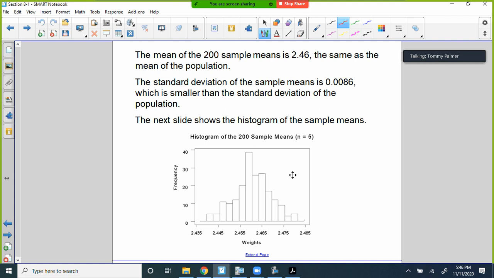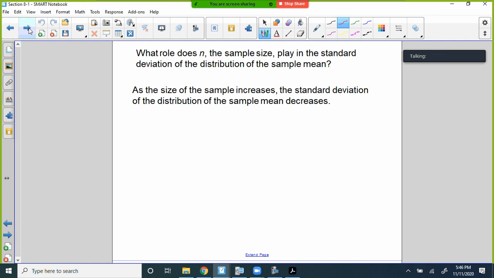And we looked at this back in what effect does N, meaning the number of samples that you take on it, what role does N, the sample size, play in the standard deviation of a distribution of a sample mean? The greater N is, the smaller the deviation, right?